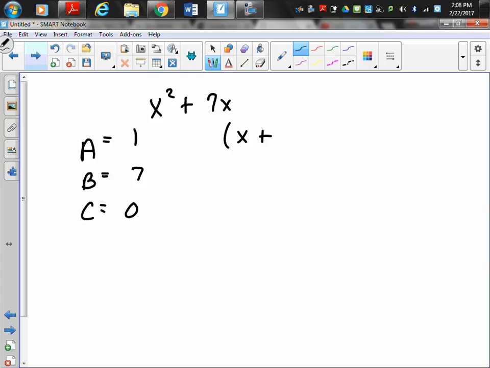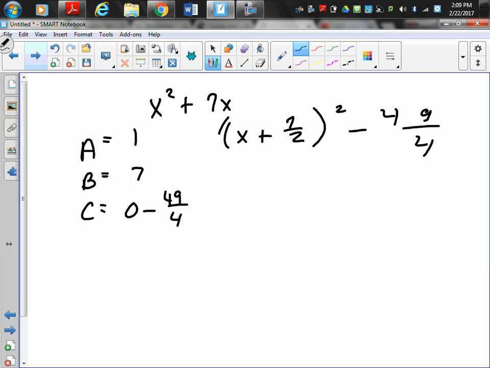We're using fractions. So, it is 7 over 2 squared. And then you take your 7/2 and square it. So 7 times 7 is 49. 2 times 2 is 4. And then you put it in your calculator. 0 minus 49 over 4.